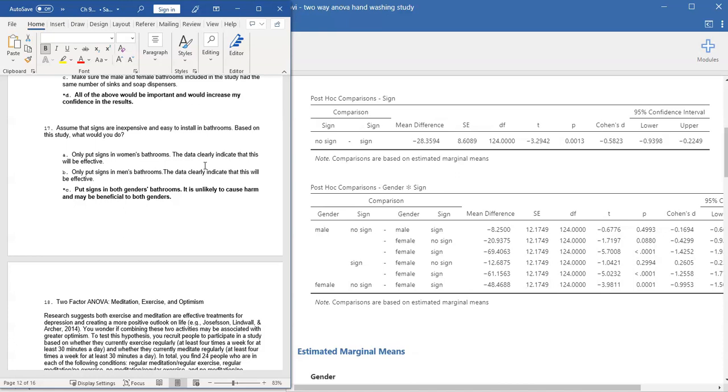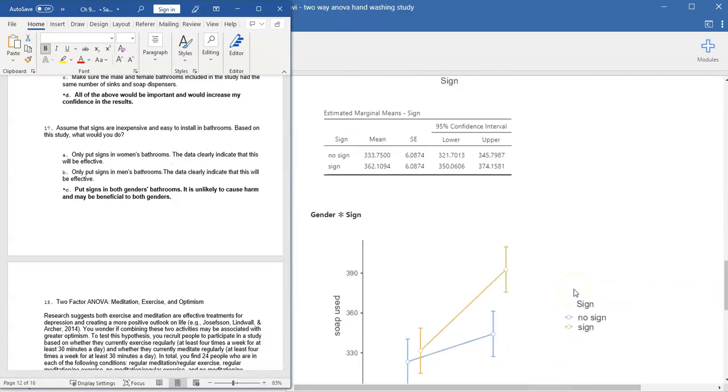And based on the data, that seems like a pretty reasonable answer. However, if the signs are really inexpensive, then you're not doing much harm, and it won't do any harm if you just put the sign in both.